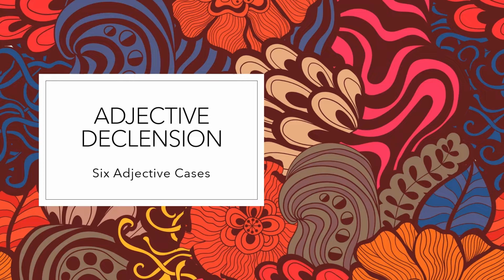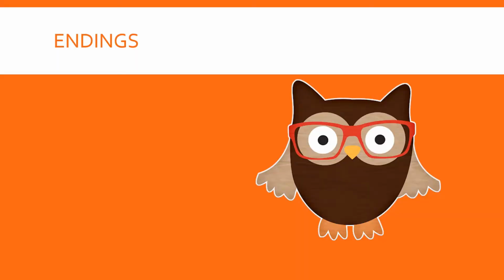After each new case, pause the video. Take a few days, make sure you really have it down in your mind, practice with it, practice writing sentences, and then come back and watch the rest of the video. So one case at a time. The only exception is for the nominative case because you already know that. So, without further ado, let's get started.